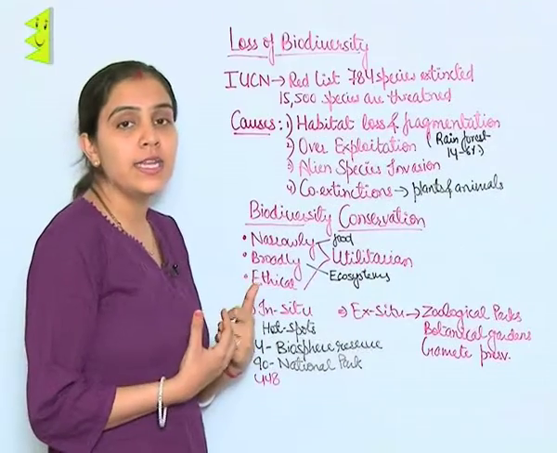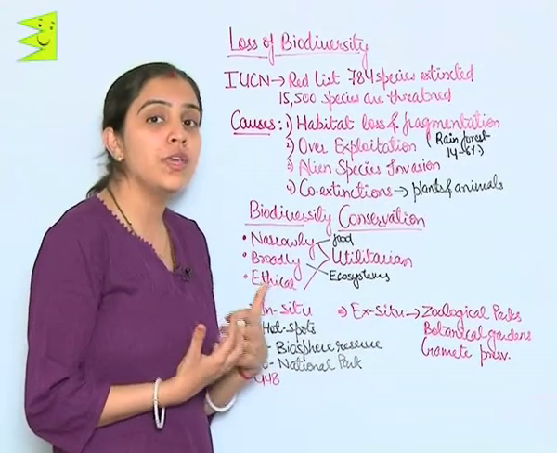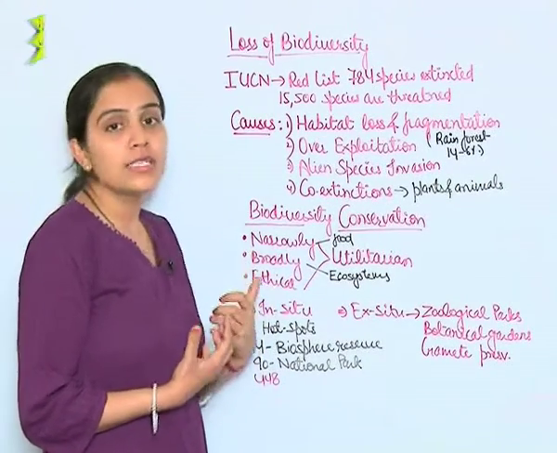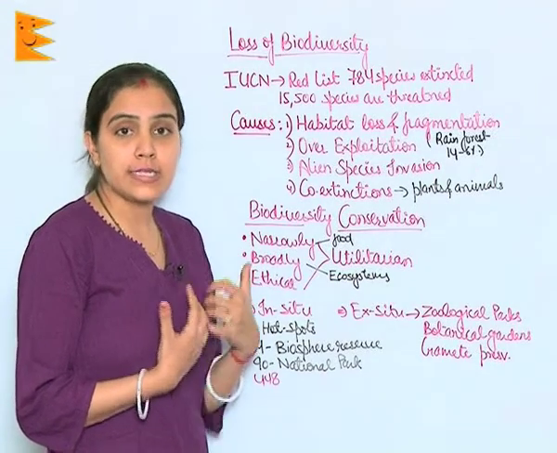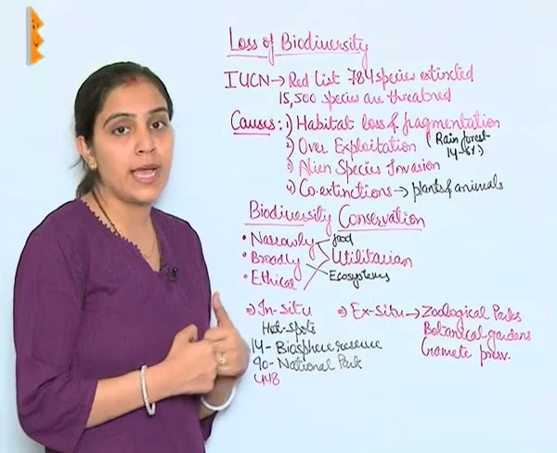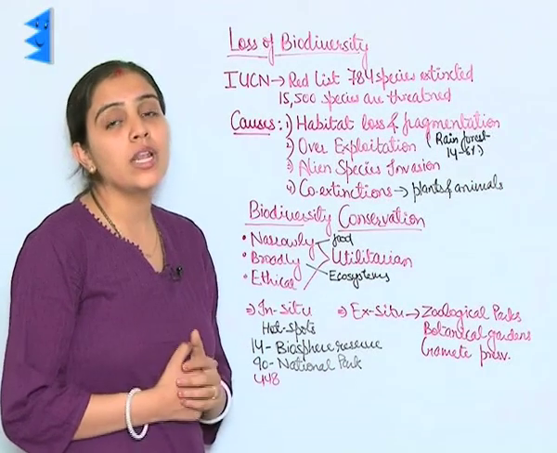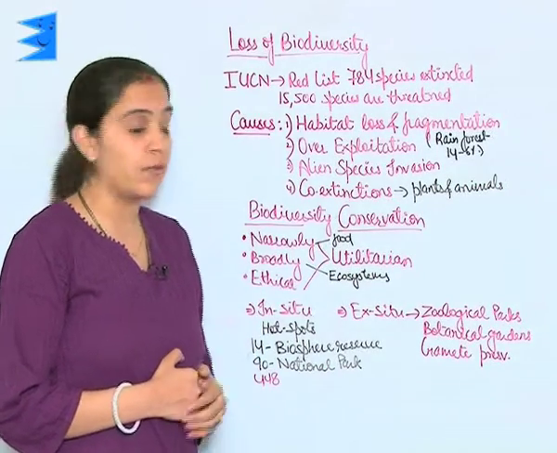Now, biodiversity conservation. Why should we conserve it? Because we believe that if the ecosystem is stable, that is, ecological balance is maintained, then only the human race can survive.